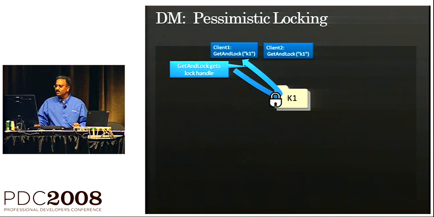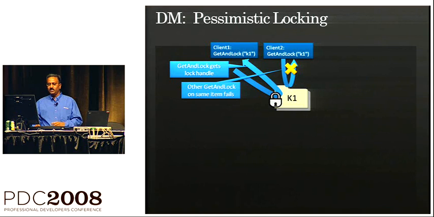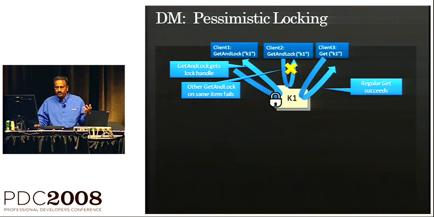What that means is that if somebody else comes and tries to get a lock, they fail, because another client has the lock. However, somebody can just read it. They didn't take a lock, they just read it, because reads never block in our system, so they can always read a version of it. But if you try to put it, there are semantics for what happens with the put itself.